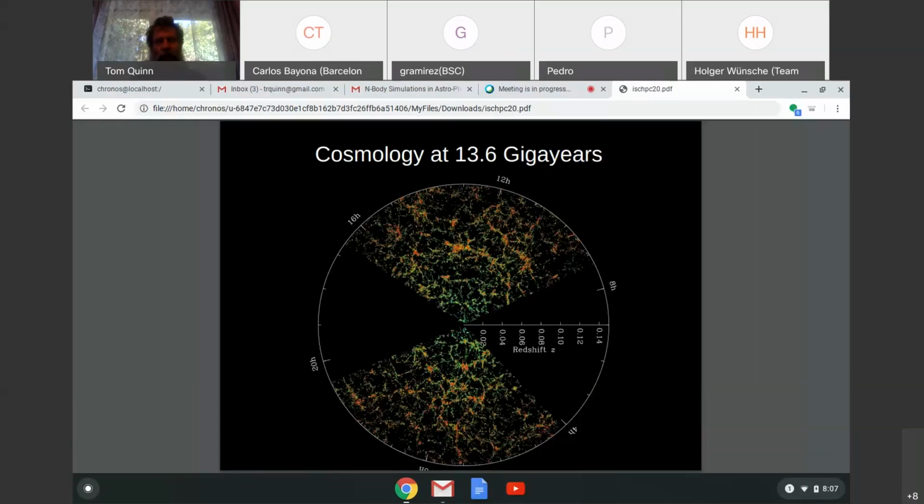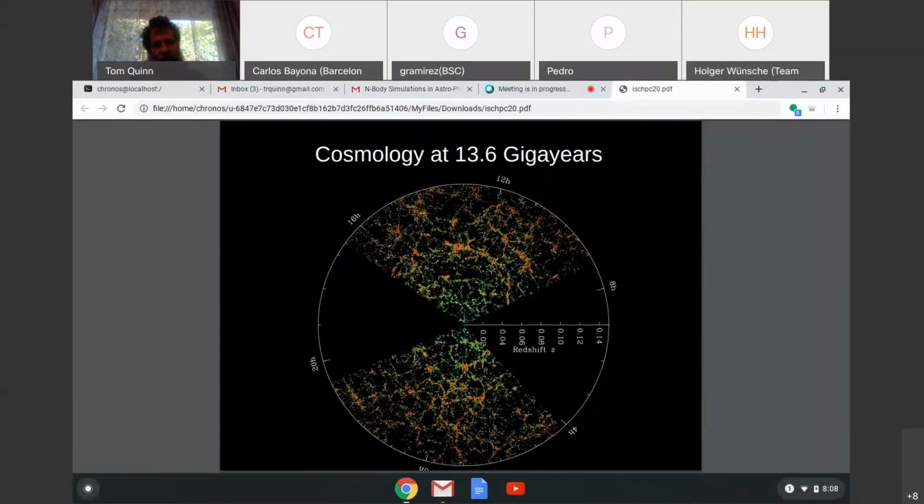And you see that there's some interesting structure here. There are clusters of galaxies, and then there are voids, and we can roughly match the size of those voids to the size of those little lumps you saw in the previous picture.